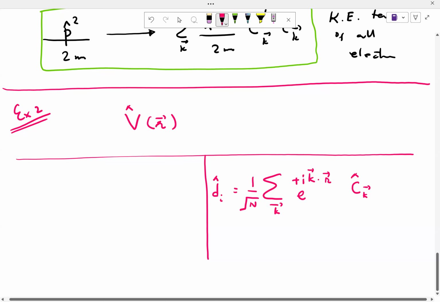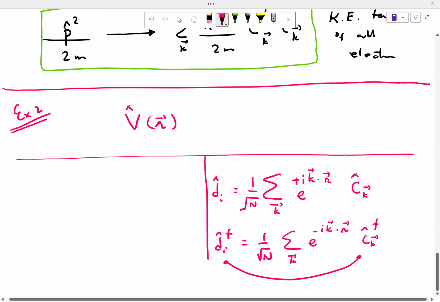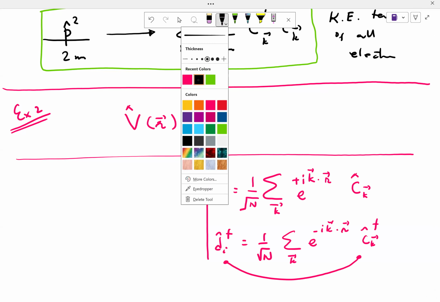Okay, and I can also write the adjoint of this. So I can move from the momentum space to the real space. Likewise, I can also define what in quantum field theory are called field operators.